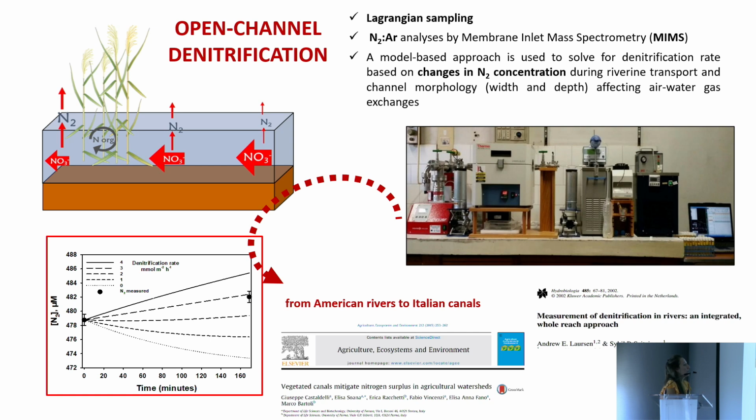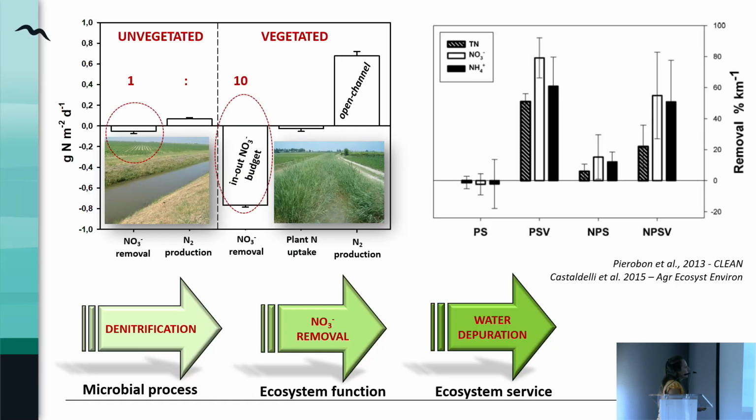Then we used a model-based approach to solve for the denitrification rate, because the system is open to the atmosphere, and so N2 can escape to the atmosphere if the water column is saturated. We took this approach from American rivers, and we tried to adapt and validate this technique for low-gradient canals in the Po River basin.